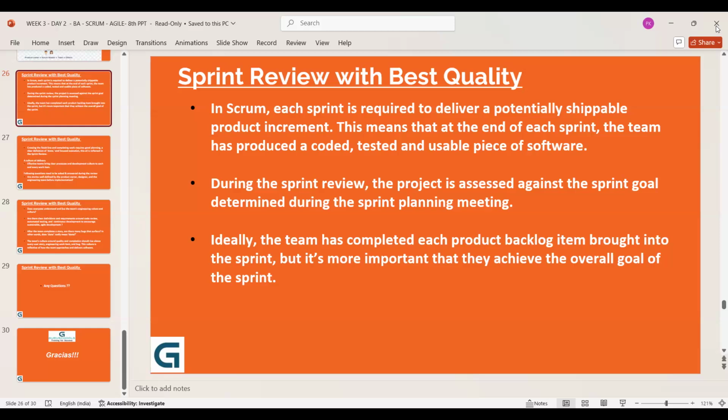Shippable means your work is done and now you can actually give that piece of work, which can be software, an application, a website, a mobile application, a chat messenger, anything that you're working on, to the customer. And product increment means it is the next subsequent part of the product. So in short, whatever work you have completed that could be given to the customer is mentioned here.